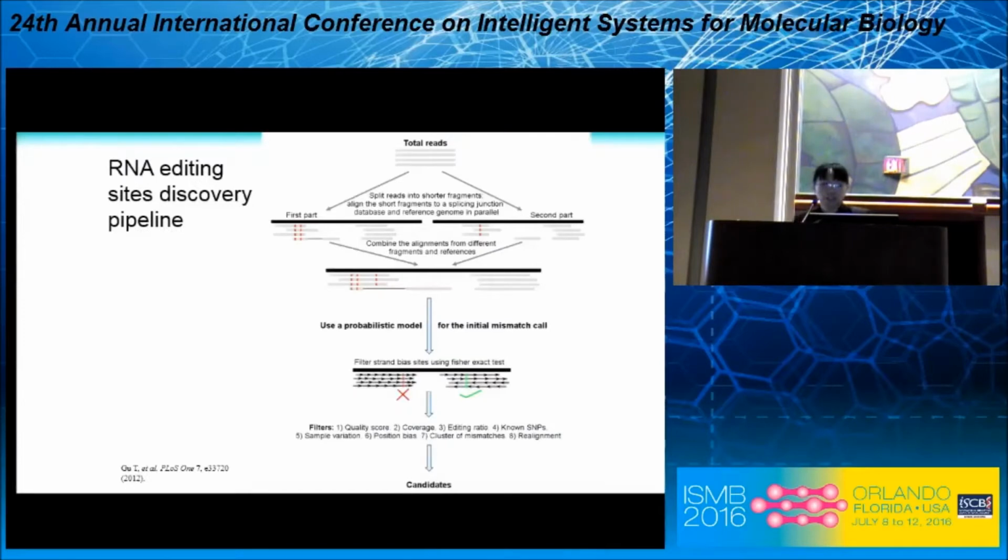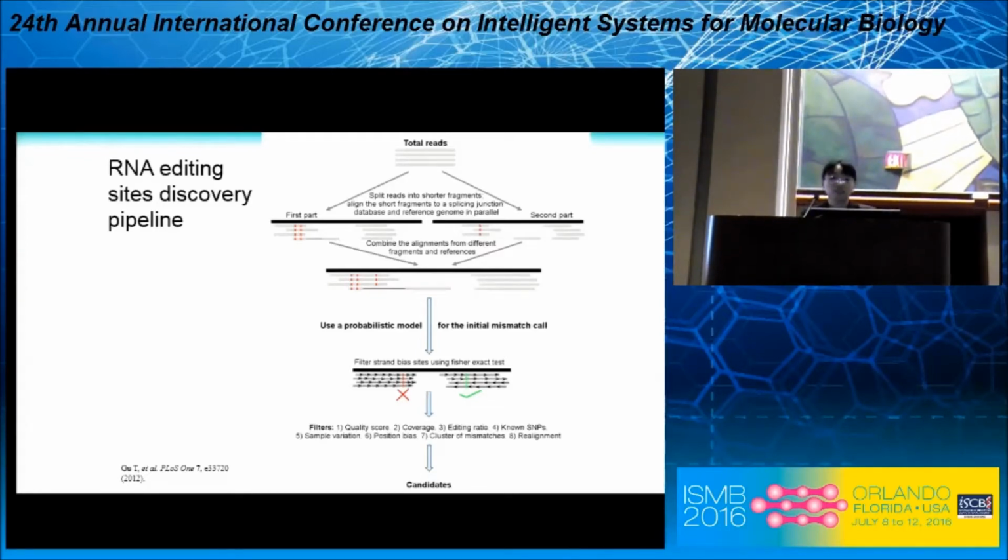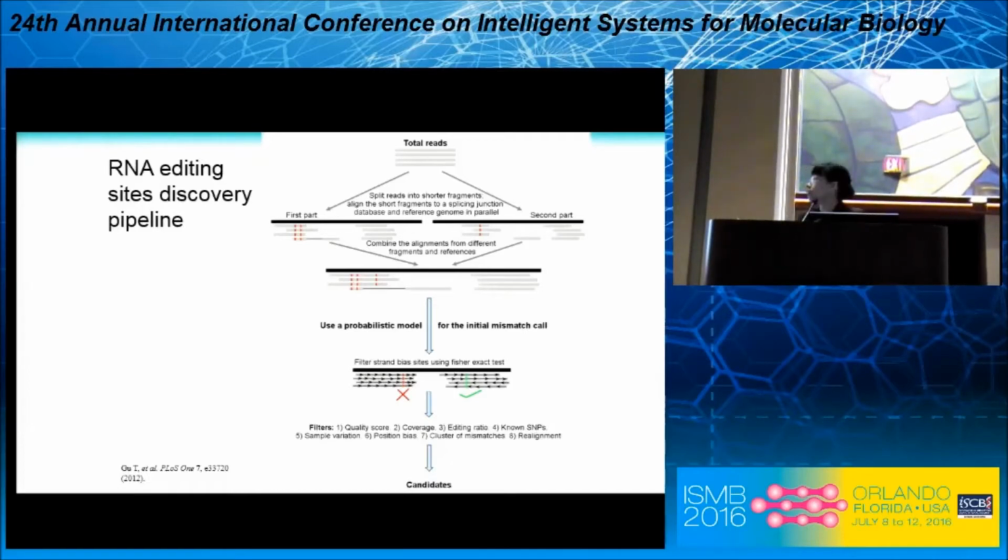So I developed a pipeline to solve those problems. It was my first work, published in 2012, and after it was published, I improved it multiple times for different projects. It's also the basis for the genetic study. So here I'll give you a quick review of the pipeline. There are several advantages.